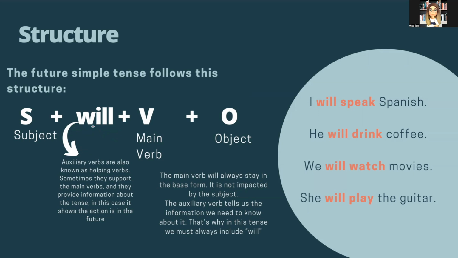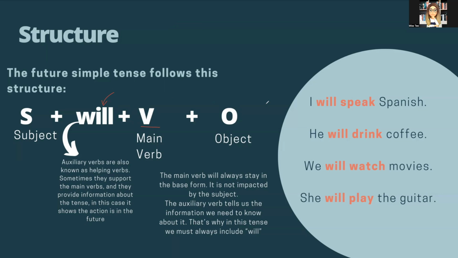Whenever you talk about the future and you're using the simple future tense, you're going to be using the word will. And the word will must come before the main verb. In a simple statement about the simple future, it must go before the main verb.